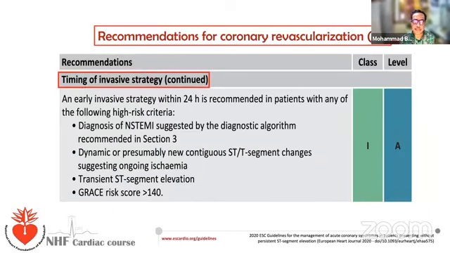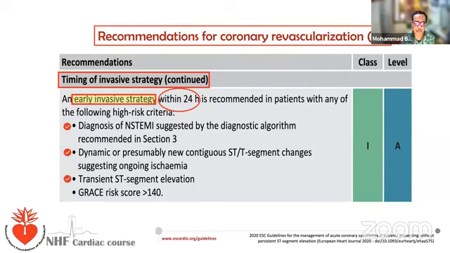And an early invasive strategy, that is within 24 hours, is recommended in any patient with the following criteria: diagnosis of non-ST-elevation MI, dynamic or presumably new contiguous ST segment changes, transient ST segment elevation, and GRACE score more than 140. Just look at it.